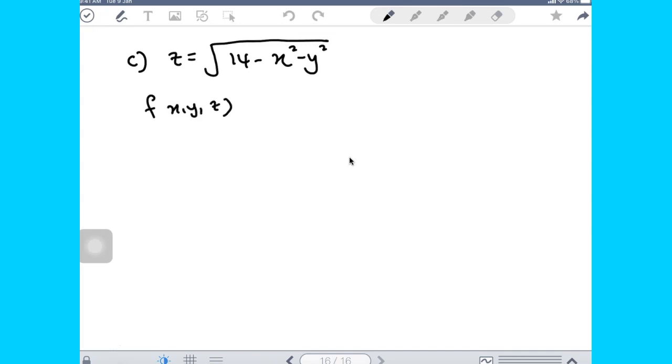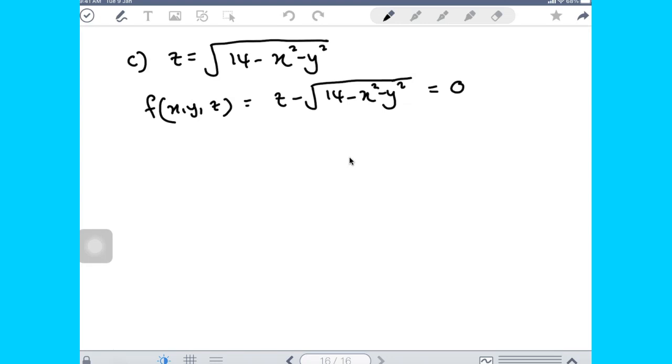To answer question C, we have z equal to square root of 14 minus x squared minus y squared. So rewrite the function to be equal to 0: z minus square root of 14 minus x squared minus y squared equal to 0.